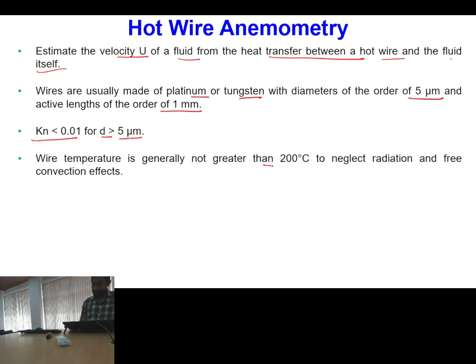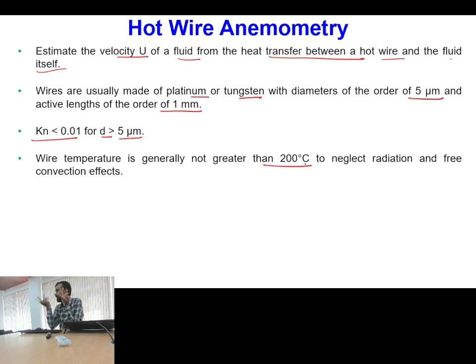Wire temperature should not be greater than 200 degrees Celsius, because whenever we use this method, our interest is to decrease the number of unknowns. If we introduce more unknown parameters, there will be errors and uncertainty propagation. So our interest is to have as few parameters as possible involved in the measurement. That's why we majorly want to operate in forced convection and conduction mode.